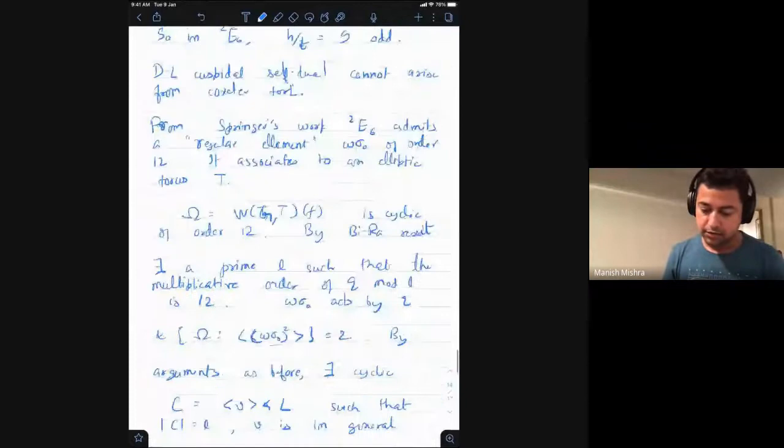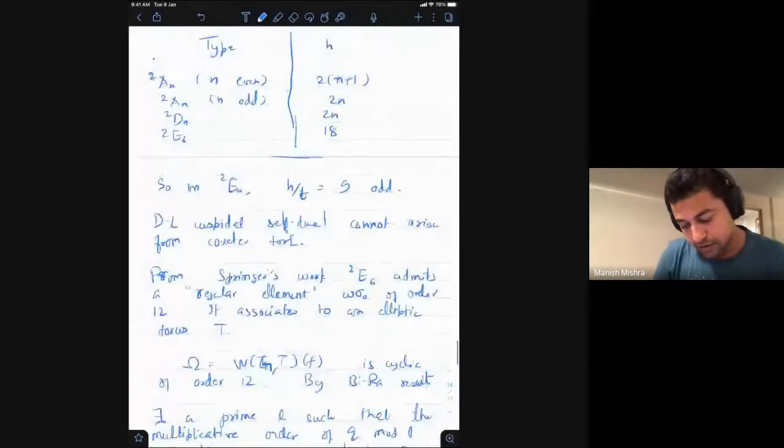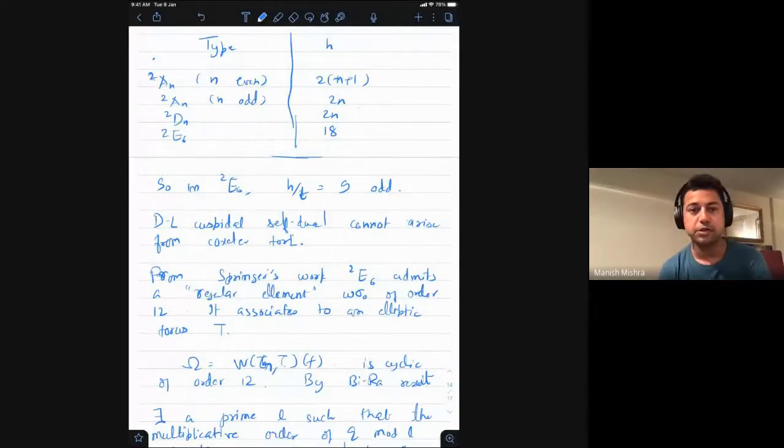This trick ceases to work in the case of 2An and 2Dn, the special unitary and non-split orthogonal case. There is no such elliptic element with just the right thing, and so you have to go to other elliptic tori which have non-cyclic Weyl group. So it will be a product of cyclic Weyl groups.